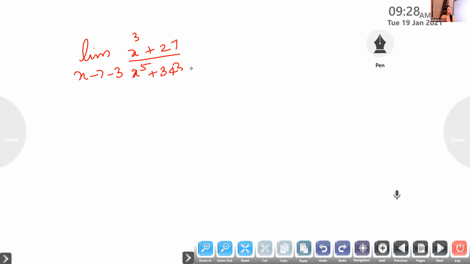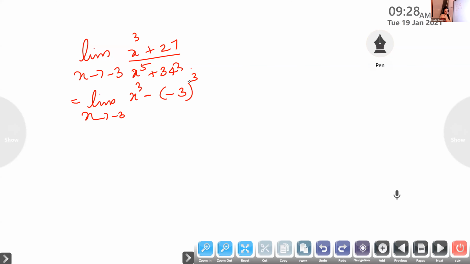How to do this one? 27 is given, extending to minus 3. How can we rewrite this? You can rewrite this as limit extending to minus 3, x cube minus of minus 3 cube.